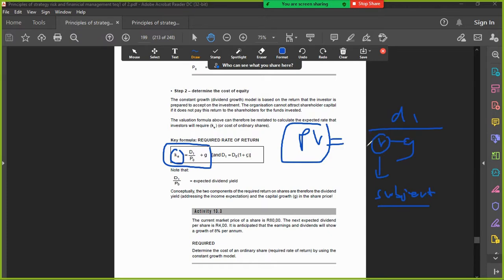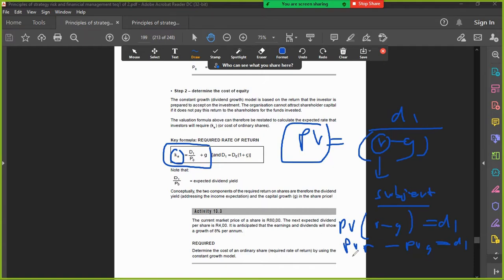Basically, take this to the left. So PV times R minus G equals dividend 1, and then multiply out. So I'll have PV times R, so PVR, and then minus PVG, equals dividend 1. If I want the R on its own, I'm going to take everything to the other side.